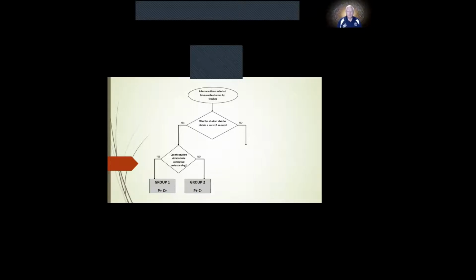Unfortunately, it's possible to get a correct answer and not really understand. I gave you a few examples earlier, somewhat facetiously, where we talked about perhaps sitting next to the smartest student in class, or just having a lucky guess. I think we all can agree it's possible for us to get a correct answer and not really understand why that answer is correct.